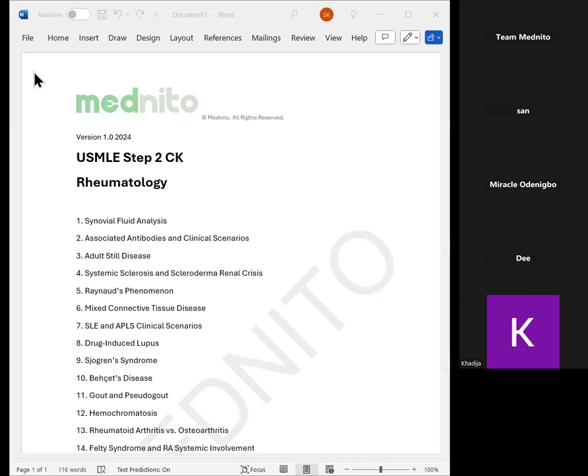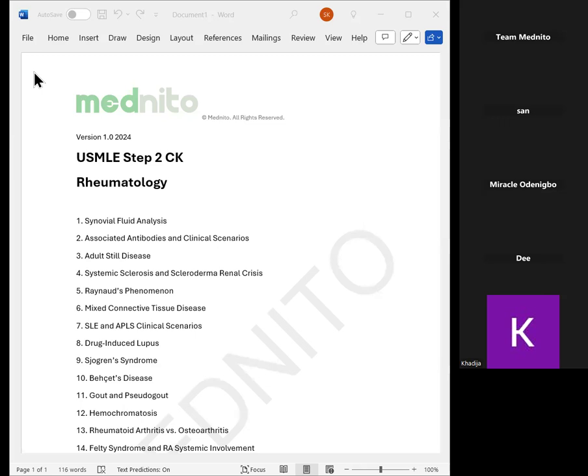So in synovial fluid analysis, the WBC count will be 50,000 to 150,000. Polymorphonuclear cells are the cells of the acute reaction. That is, neutrophils are increased in the synovial fluid analysis. So in septic joint arthritis, there will be a raised WBC count and raised neutrophils.